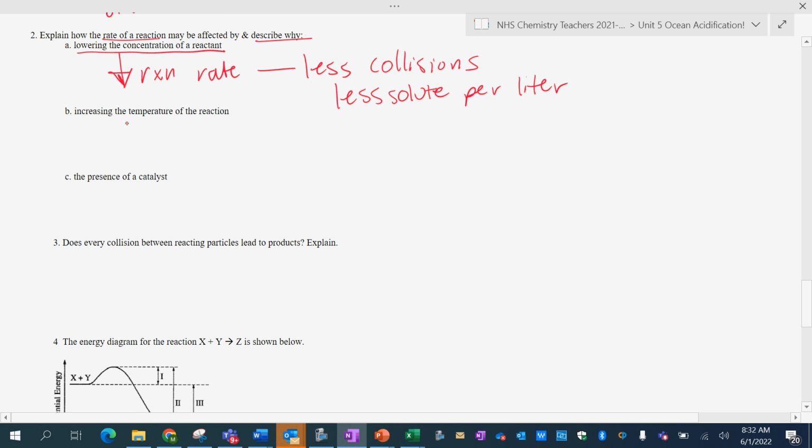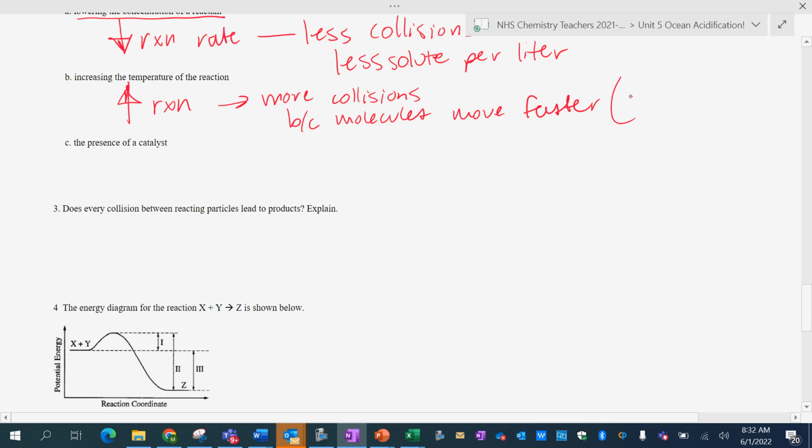If you increase the temperature of the reaction, you're going to increase the reaction rate because there are more collisions, because the molecules are moving faster. And so they're just going to hit each other more often. They've got more kinetic energy.